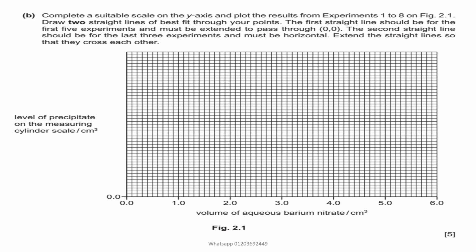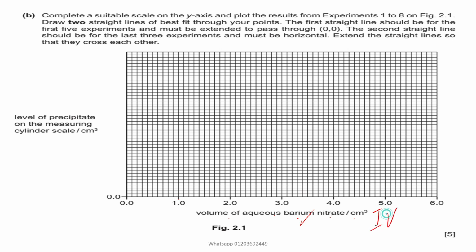Okay, for the x-axis, he plots the volume of aqueous barium nitrate, because the student changes the volume of aqueous barium nitrate in each experiment. He used 1, then 1.5, then 2, and so on. So the variable changed by the examiner, the student or researcher is called the independent variable.